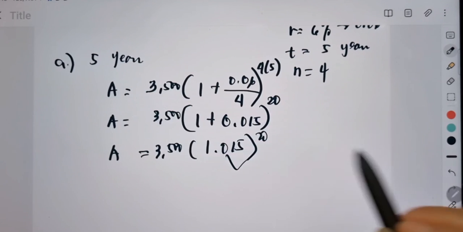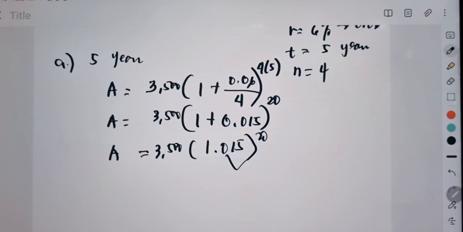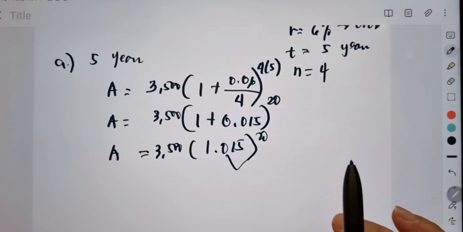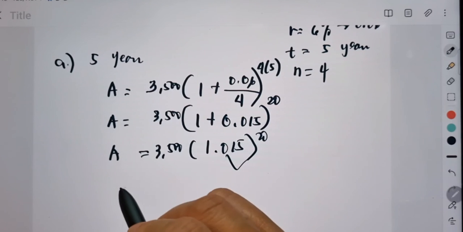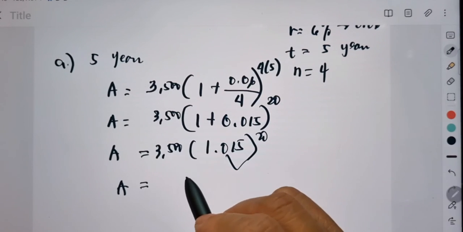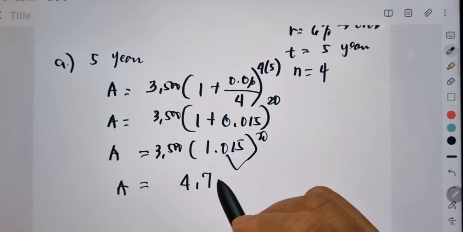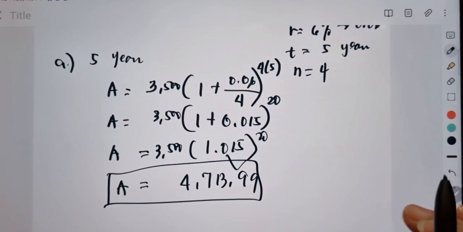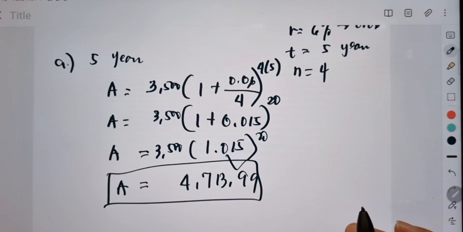Raised to 20, exponent, ibig sabihin 1.015, multiply natin 20 times or gagamitin nyo lang yung key ng exponential form there sa calculator. And this would be equal to 4,713.99. Okay, so yun magiging amount na makikredit sa account mo, yan ang magiging value ng account mo after 5 years.